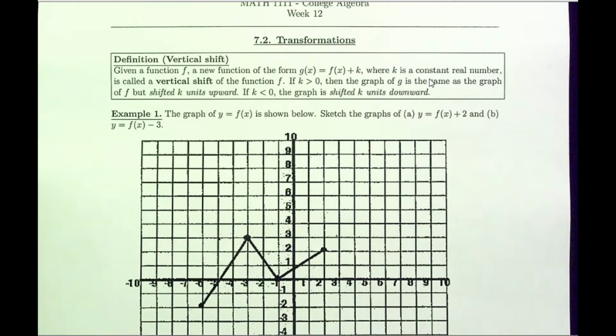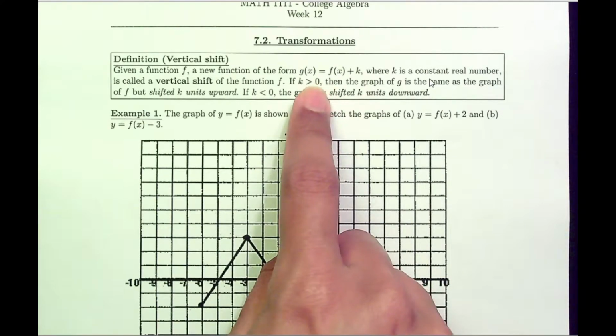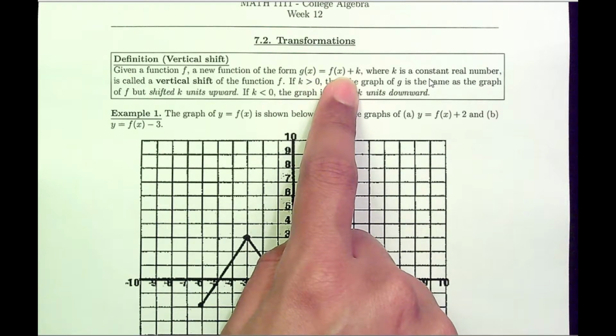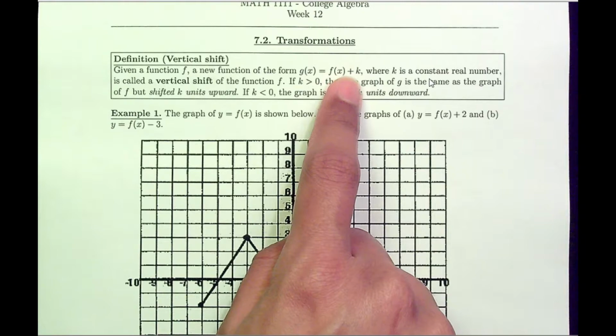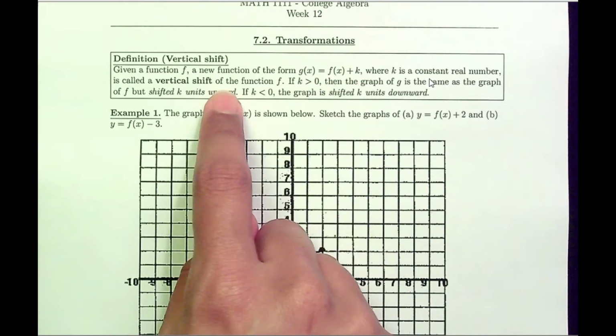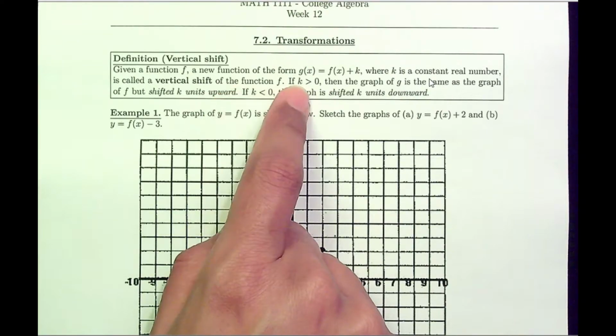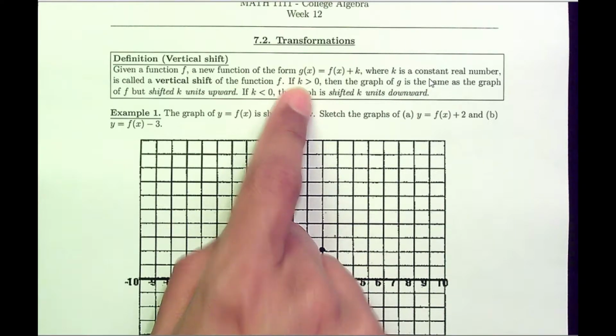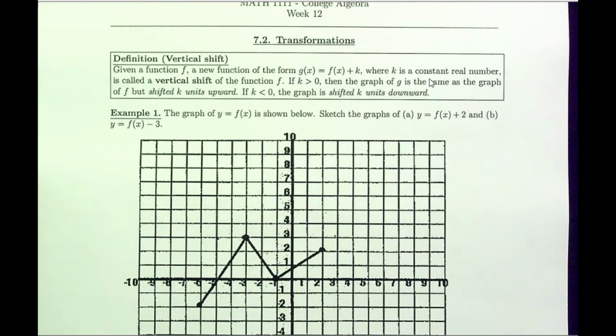But if what you have is a formula for f, then shifting up or down is tantamount to just adding a number. So if you add, let's say, k, that means you're going to move the graph vertically by k. If k is positive, you move the graph up by k units. So if k is 5, then you move the whole graph up by 5 units. If k is negative, let's say -5, then that means you move the whole thing down by 5 units.